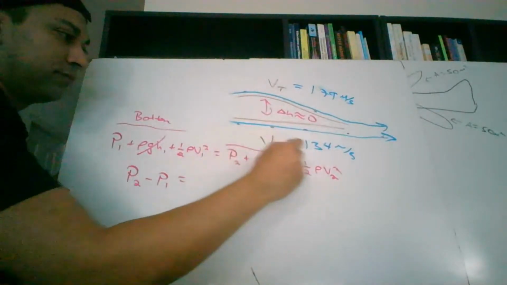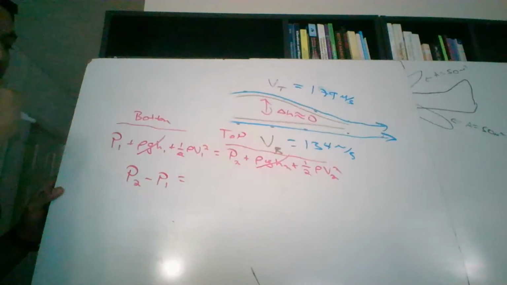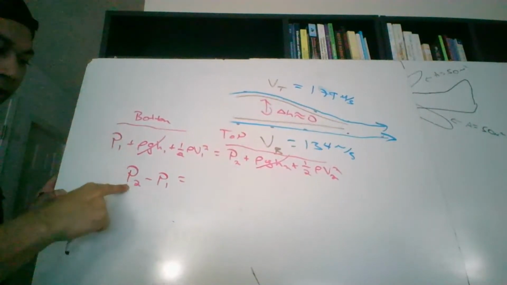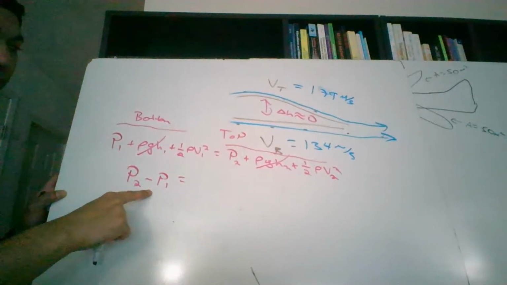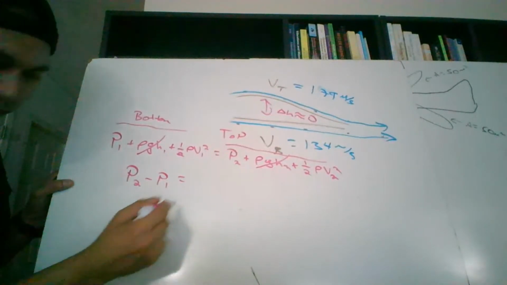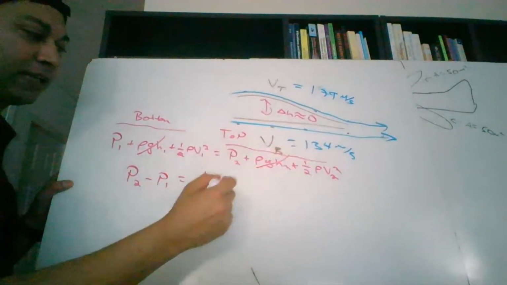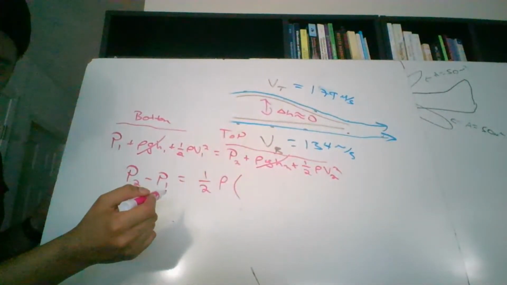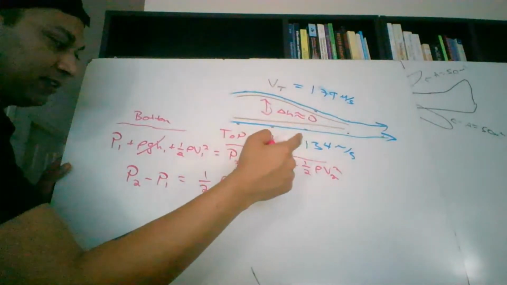And this side is the top. So we're comparing the pressure at the top minus the pressure at the bottom, and that's going to equal 1/2 rho, that comes out, and it's going to be the velocity at the top, the velocity at the bottom.